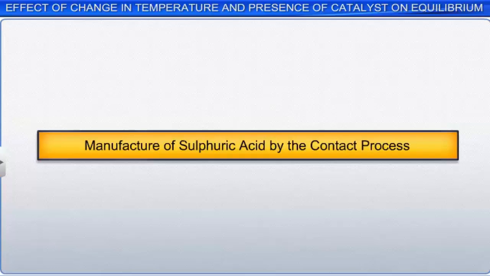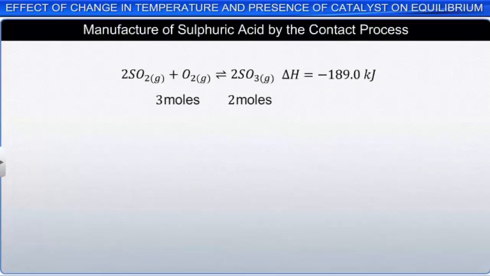One of the important steps in the manufacture of sulfuric acid by the contact process is the formation of sulfur trioxide from sulfur dioxide and oxygen. The forward reaction leading to the formation of sulfur trioxide is an exothermic reaction, involving a decrease in the number of moles.